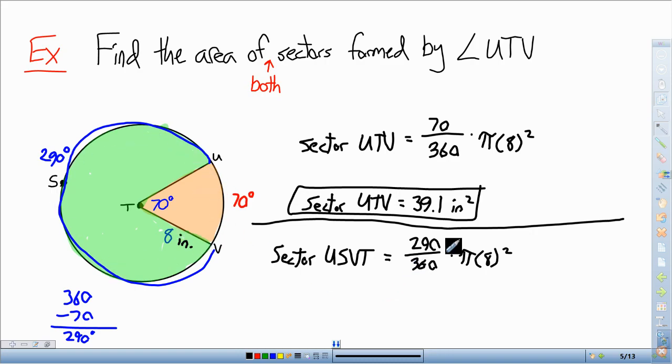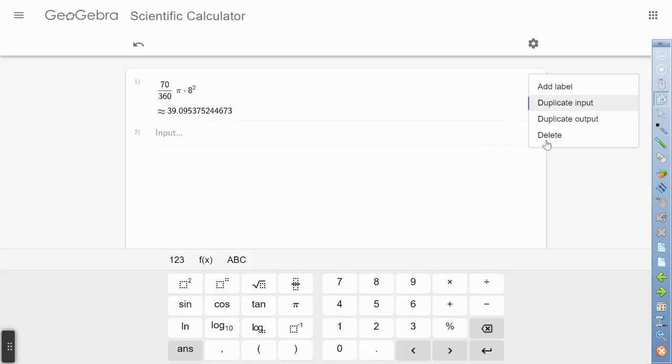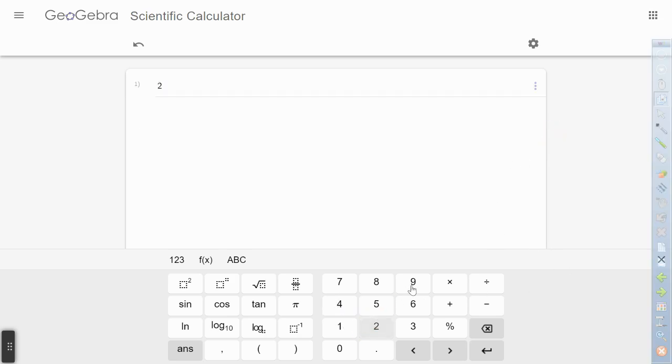So let's type this in. Clearing this out, 290 divided by 360 times pi 8 squared. And I'm getting 161.96. So this 6 is going to round this 9 up to a 10, which is actually going to round this up to a 2.